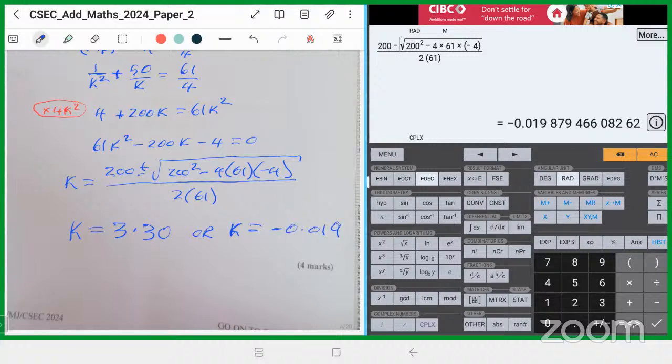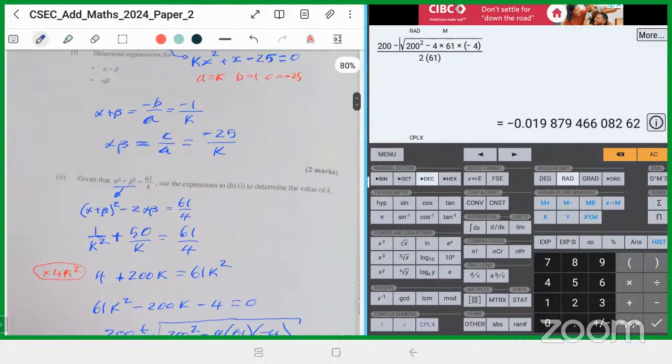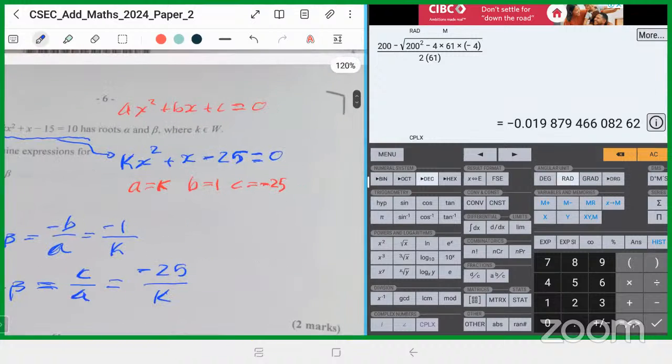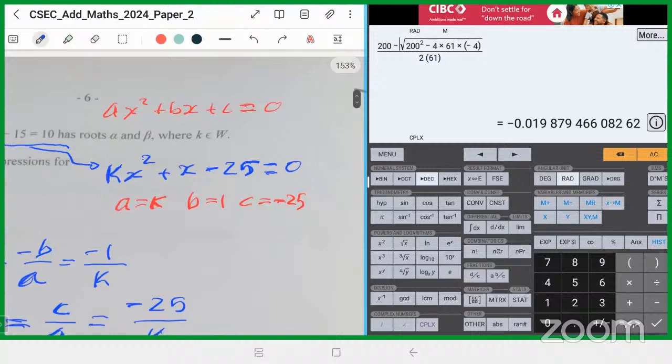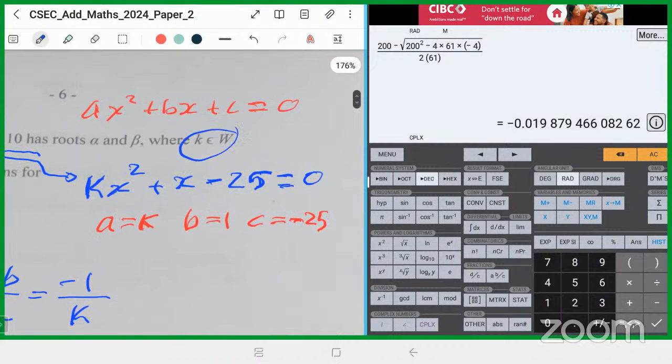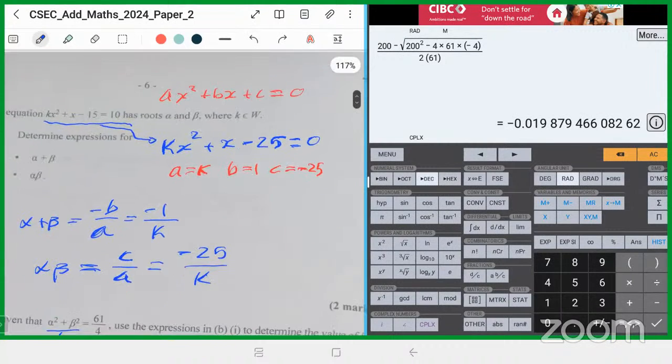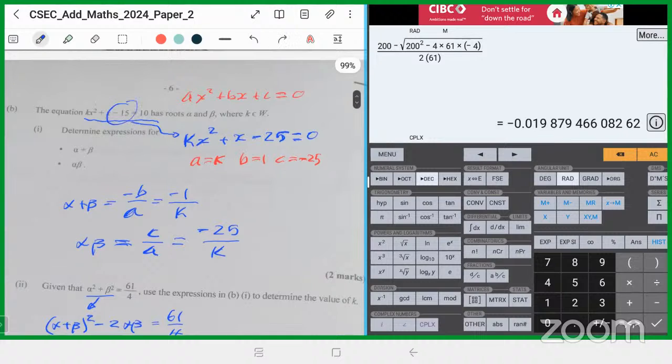So I'm not getting a whole number. I'm wondering if this is incorrect, if we made a mistake, because this tells us that we're supposed to get a whole number for k. That's what this means. k is a whole number. All right? Is it that they wanted us to use the 15? No, can't be.